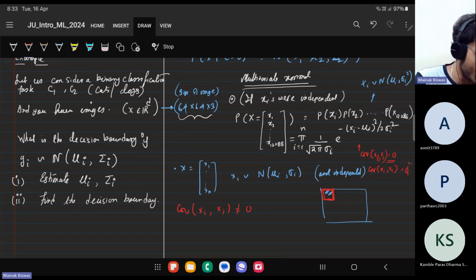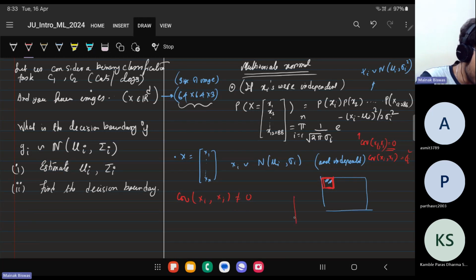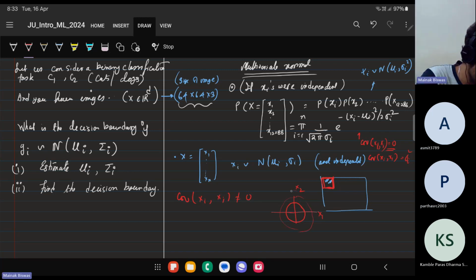So in a case where we have a dependent Gaussian distribution, tell me, is this distribution, this circle, independent or dependent? If I have x1 and x2, is it dependent? I have sampled from Gaussian.